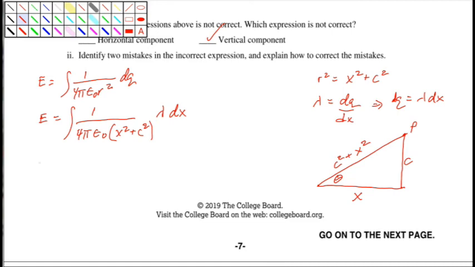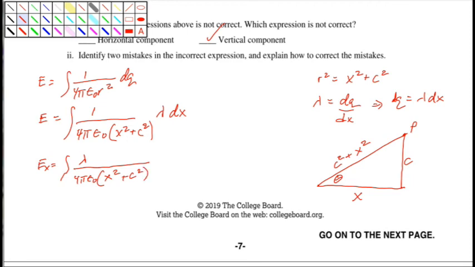So what we have here is E sub x is going to be equal to lambda over 4 pi epsilon naught times x squared plus c squared.